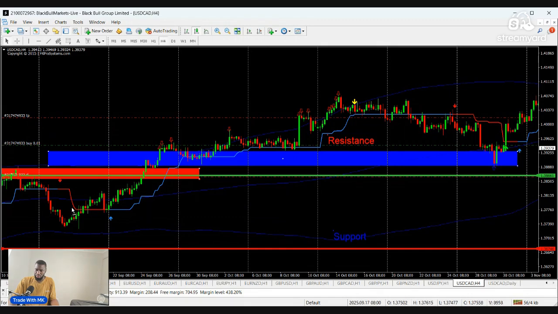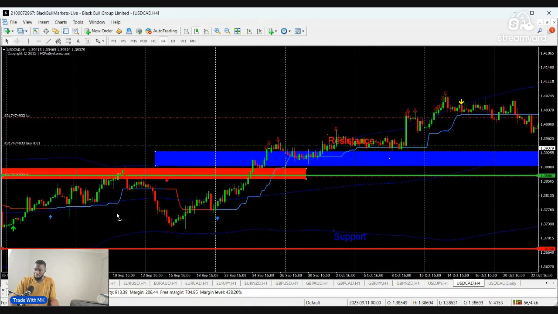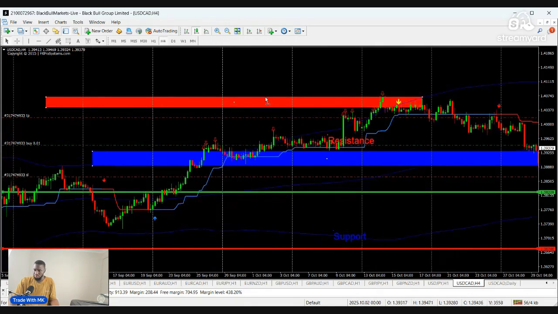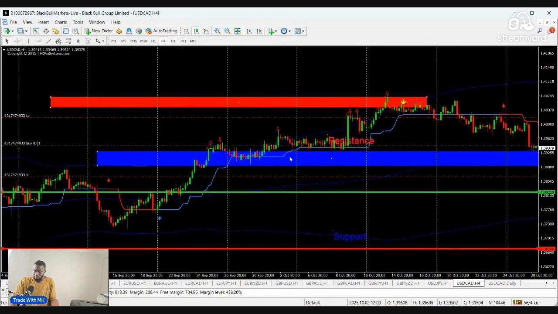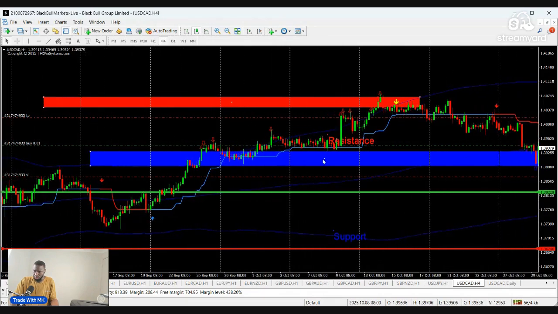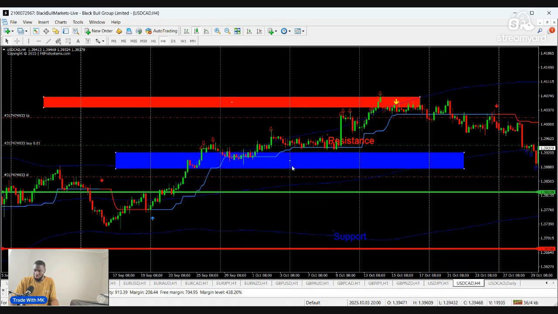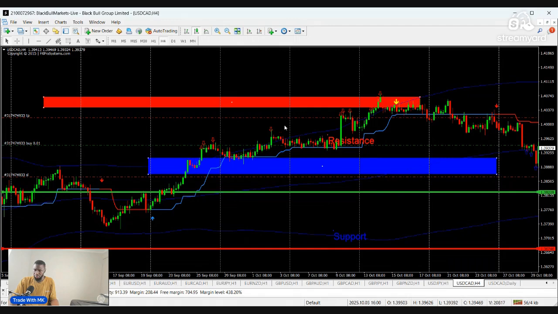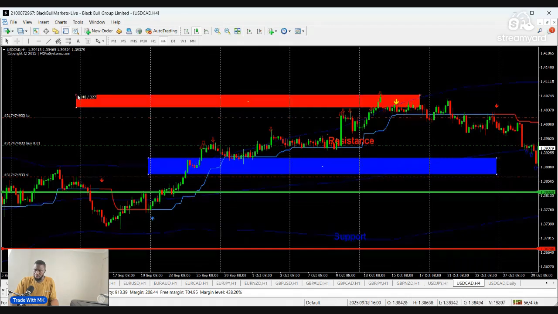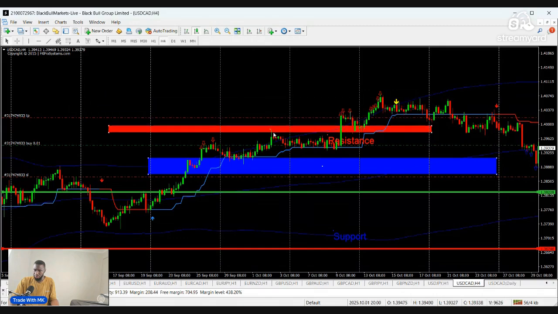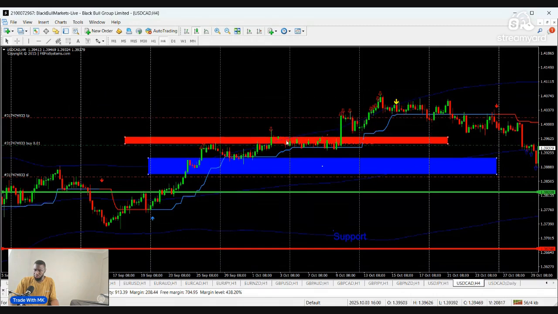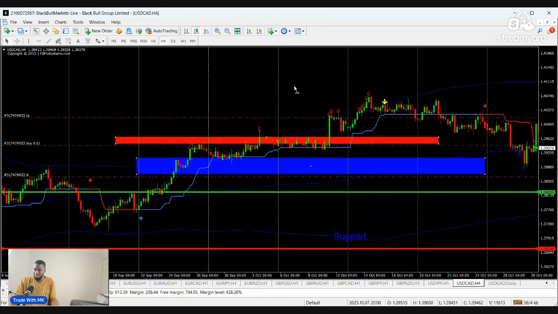And when the breakout happened, a new resistance formed. So the new resistance formed, the breakout happened, and support formed: the old resistance became support. There it happened again. It returned back. I was looking for a return. It didn't happen.